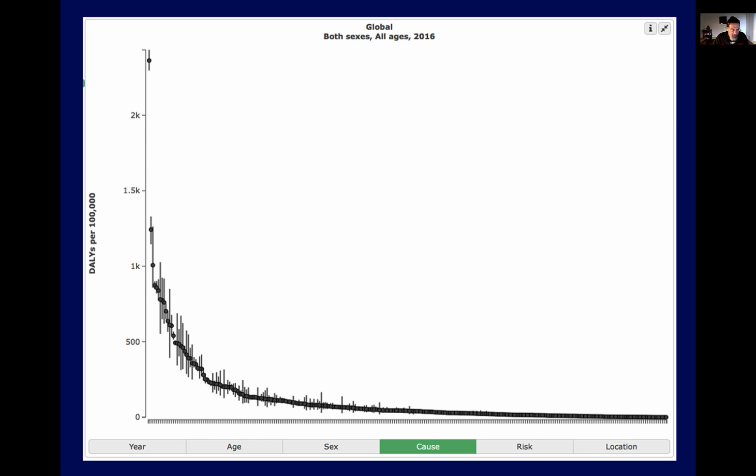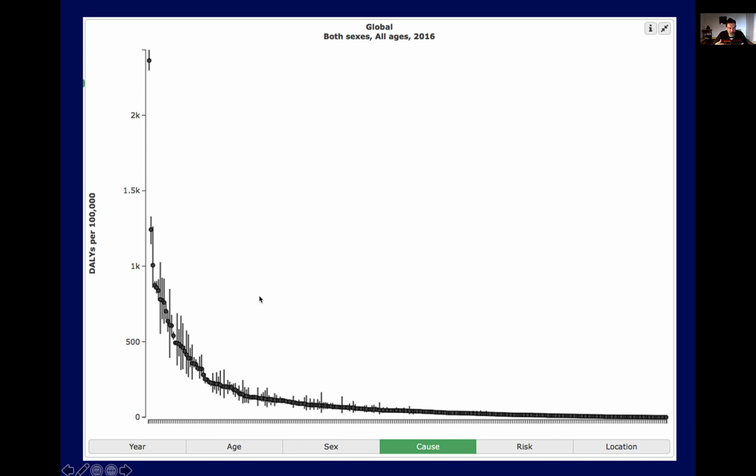The main point I wanted to make for you all here is that there's uncertainty around these estimates, and this graph is showing the causes of death ranked from highest to lowest. So this would be the number one cause of death up here, cardiovascular disease. And you can see that there's a 95% confidence limit around it. As you get into the number two, number three, four, and five causes of death, you can see that in some cases the confidence limits are overlapping with each other.